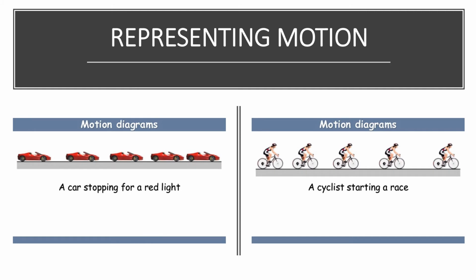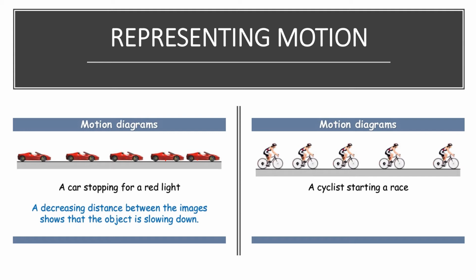So how do we represent motion? You can have motion diagrams. Just looking at this, you can see on the left that's a car stopping or slowing down based on these snapshots in time, if you will. You can see that there's a decreasing distance in between the images as the object is slowing down.